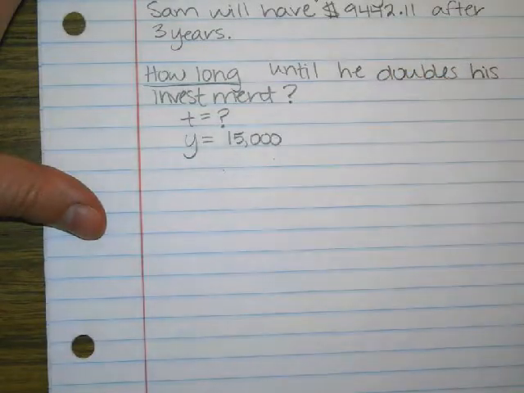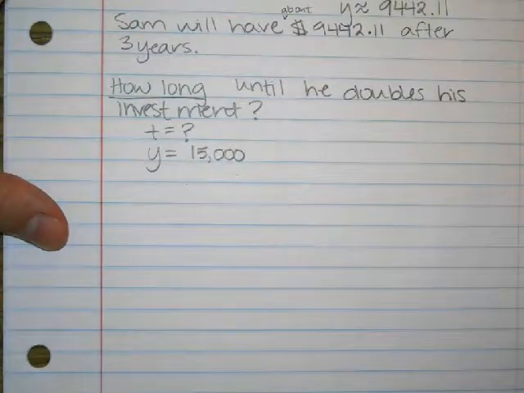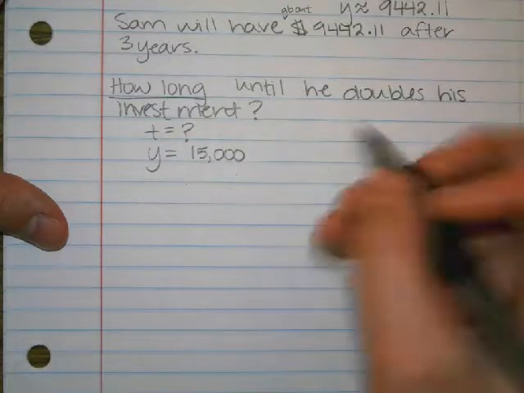15,000. Okay. And is there any reason for the rest of the information to have changed? Did we change our initial value, 7,500? No. Did they tell us to change the rate? Did they tell us to change that it's compounded quarterly? Nope. So the rest of it's going to stay the same.